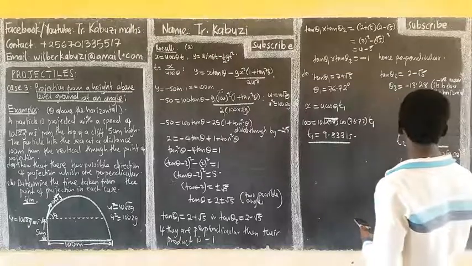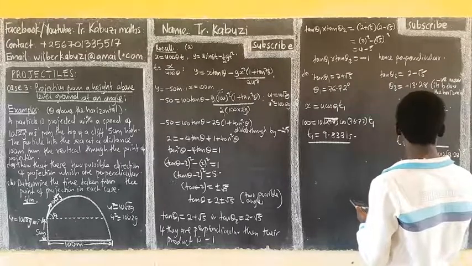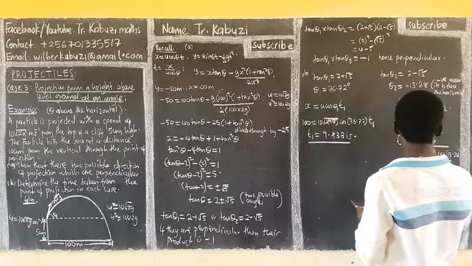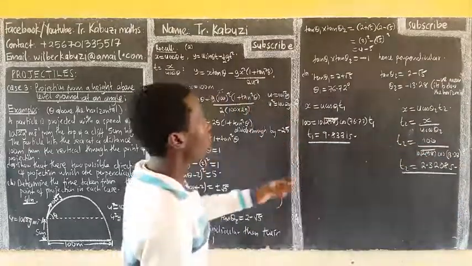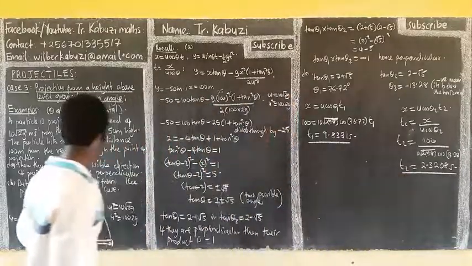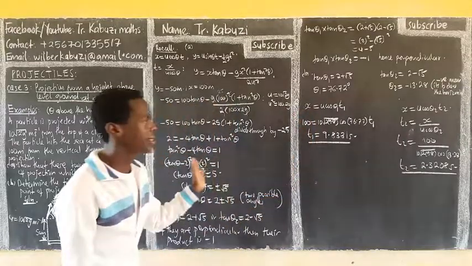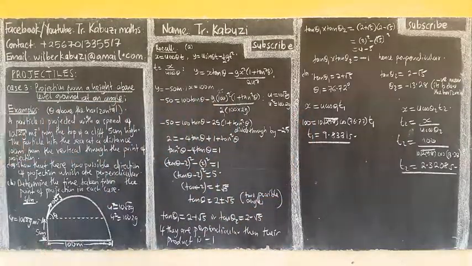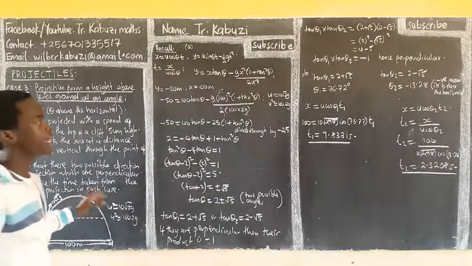So this will be 2.3208 seconds. In simple terms, when we project it below the horizontal, it will reach the distance of 100 faster than when we project it above the horizontal. That's the simple interpretation we can have there.